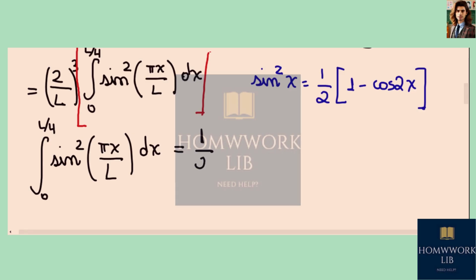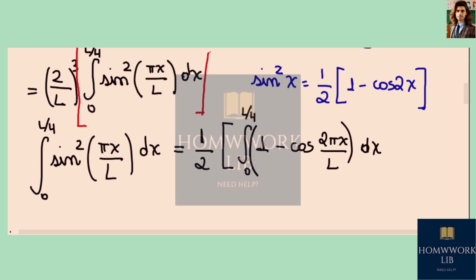So this is 1/2 of the integral between 0 and L over 4 of 1 minus the cosine of 2 pi x over L dx.